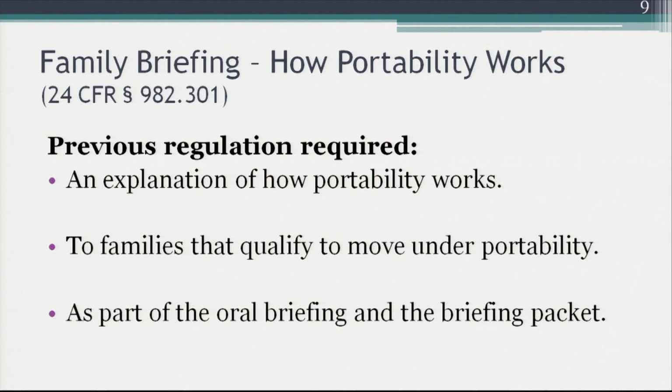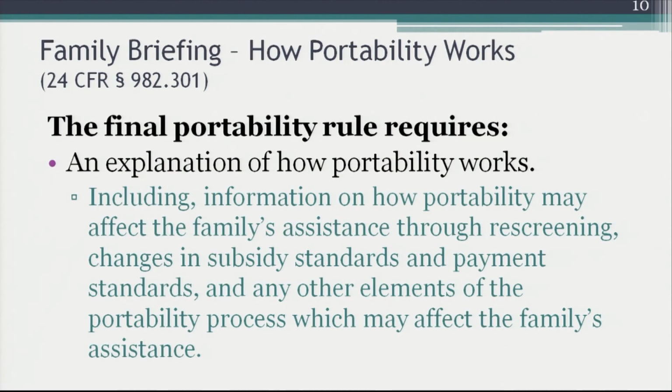Okay, so still with the family briefing, let's get into how portability works. The previous regulation required an explanation of how portability works be provided to families that qualify to move under portability, and as part of the oral briefing and the briefing packet. Under the final portability rule, this explanation is still required.